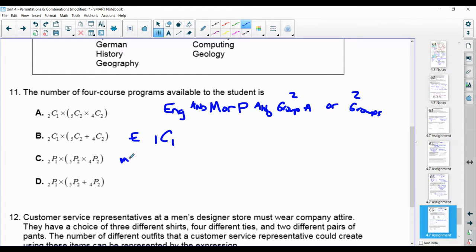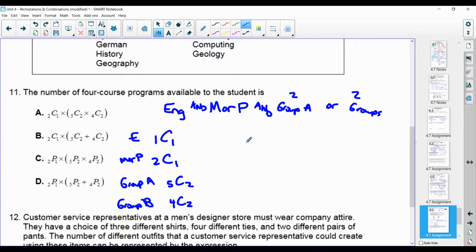The math or the psychology, there are 2 courses. They have to choose 1. So they have to take this one and that one. And then for group A or group B, to choose from group A, there are 1, 2, 3, 4, 5 courses, and they're going to choose 2. If we want to choose from group B, there are 4 choices, and we would choose 2 of them.